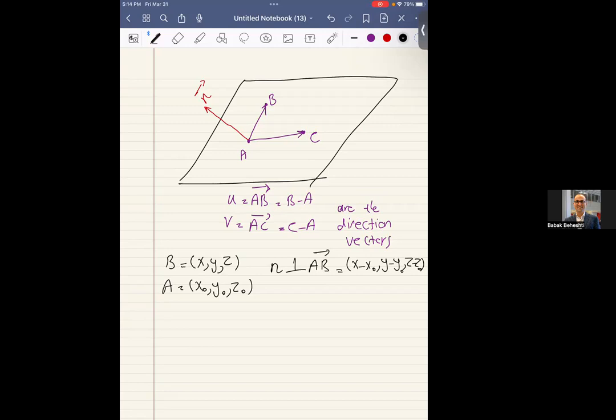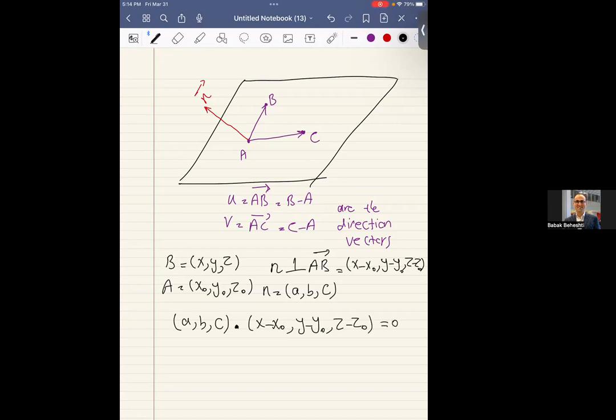And if N is like A, B, C, so the three components of N are A, B, C, that means A, B, C dot product with AB, which is X minus X0, Y minus Y0, Z minus Z0, equal to 0.